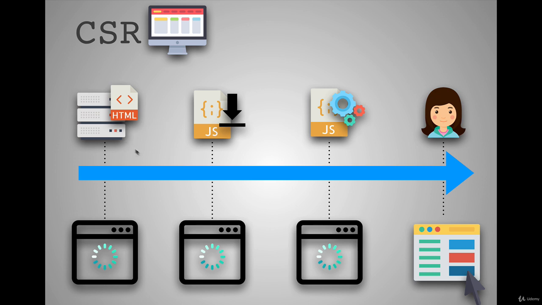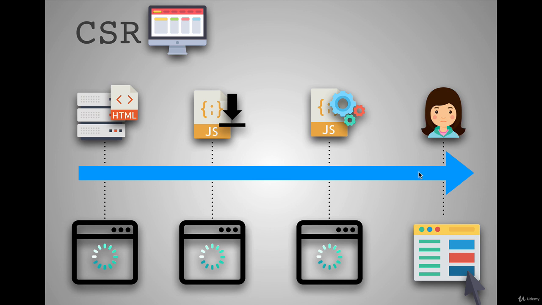And because there's nothing really to be rendered, we wait for the JavaScript files to be downloaded. We then wait for them to be evaluated. And then finally, while we're still watching this loading screen, once all of that is done, our page loads up and becomes interactive and we can see it.